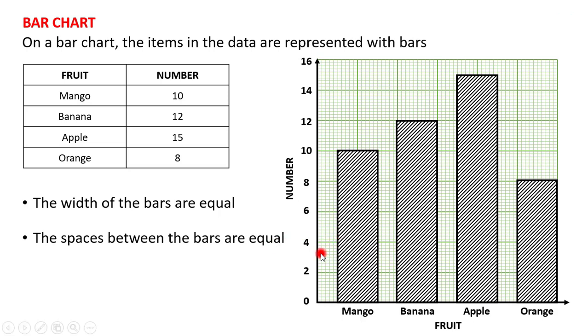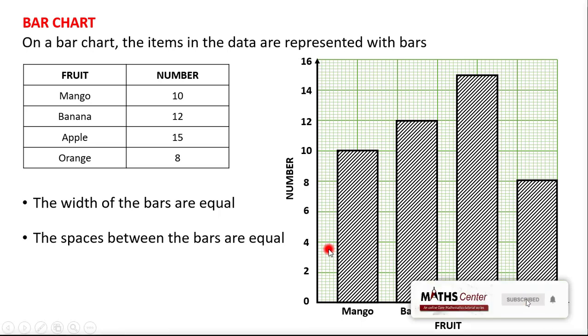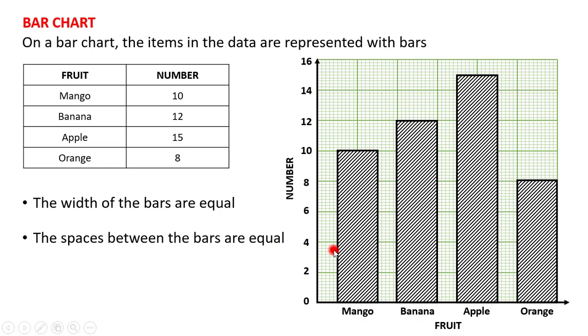And you can do this by making sure that all the spaces also occupy the same number of minor divisions or small boxes. So on my graph sheet here, I made sure that all the spaces occupy 5 minor divisions. So the space between the frequency axis and the bar for mango occupies 5 boxes.